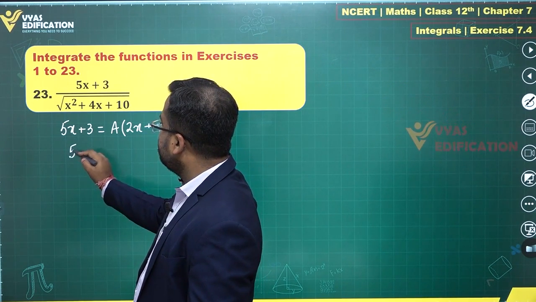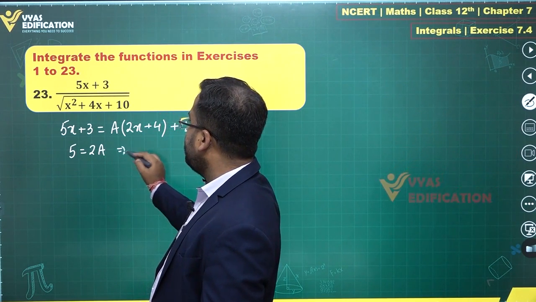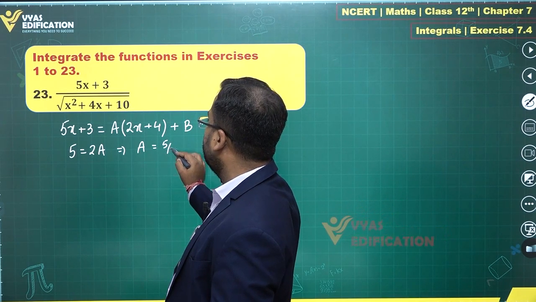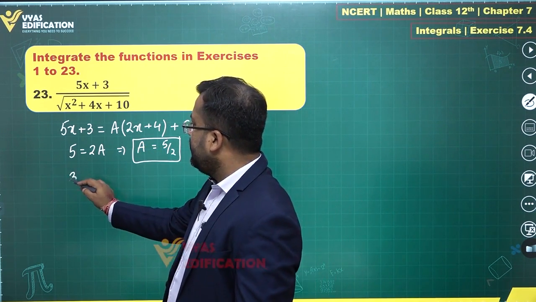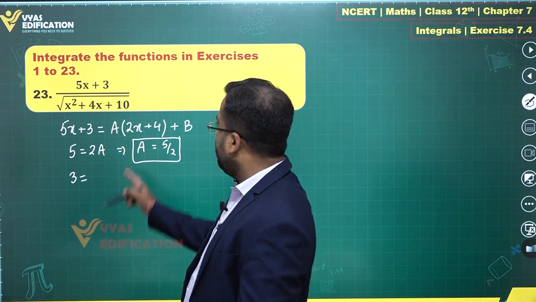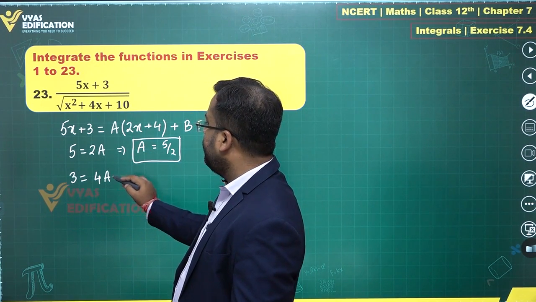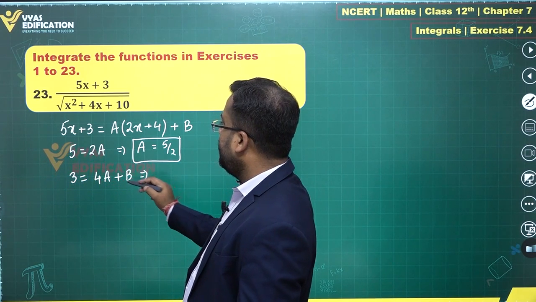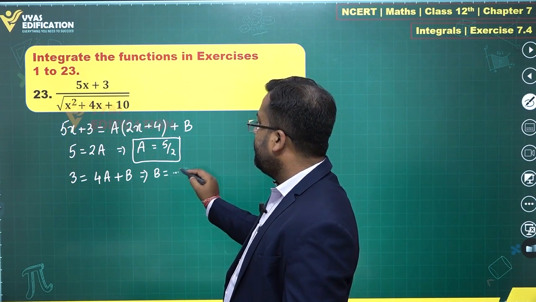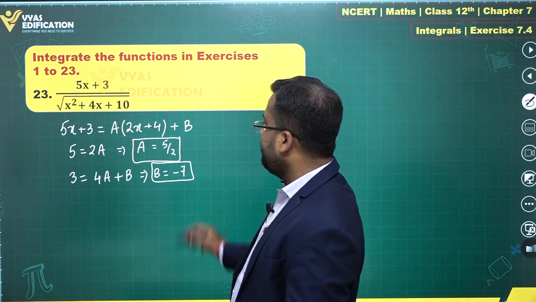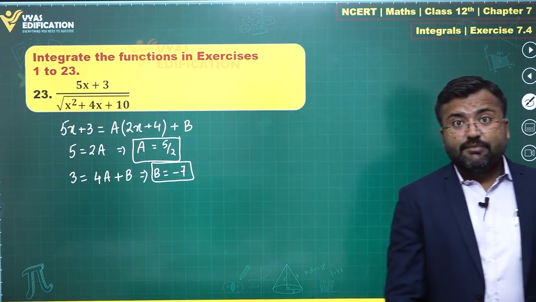Comparing coefficients, 5 is equal to 2a, which tells me a will be equal to 5 by 2. That's the first thing that I know. What about b? 3 will be equal to 4a plus b. 2a is 5, 4a will be 10, 3 minus 10, which tells me b is equal to minus 7.